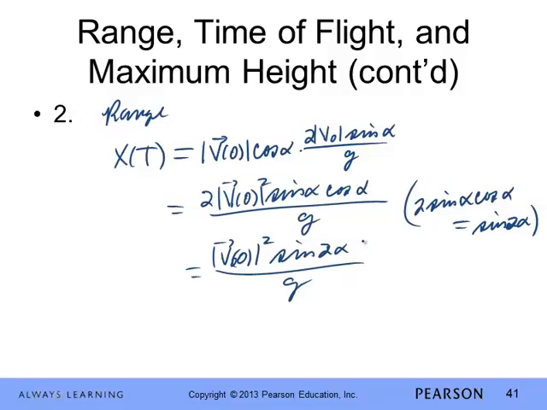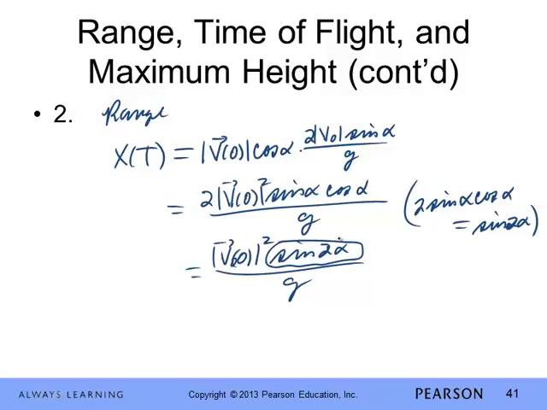Now, what is the angle alpha which will maximize the range? Yeah, exactly. That's a common question asked of beginning physics students. All you need to do is take a look at sine of 2 alpha. The sine function varies between 0 and 1.